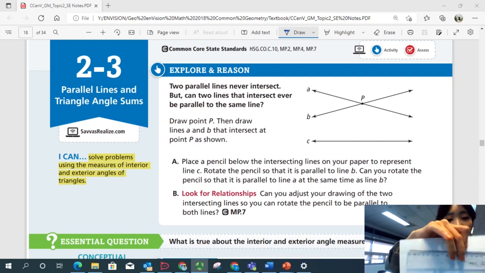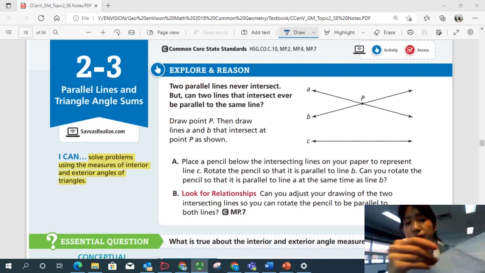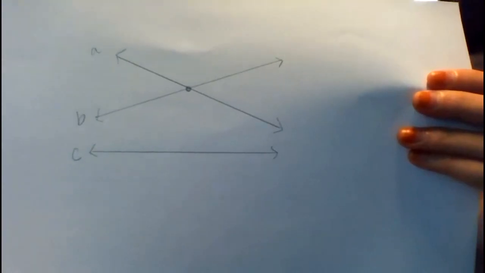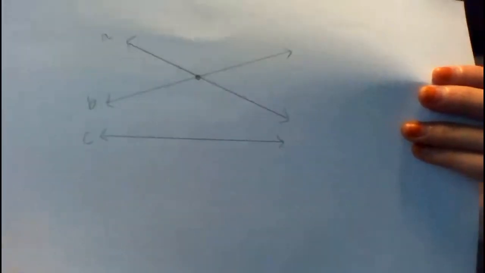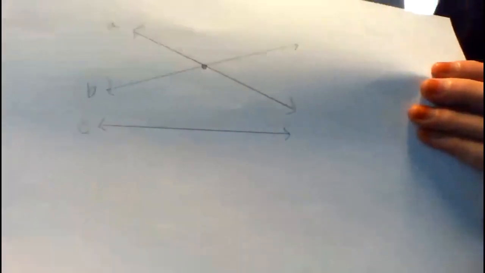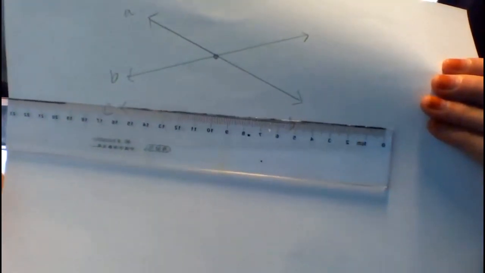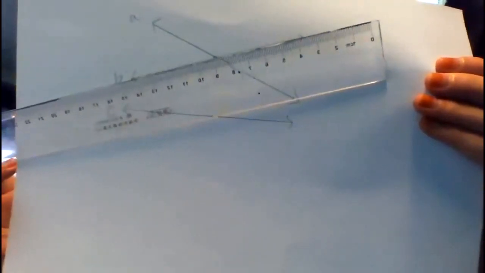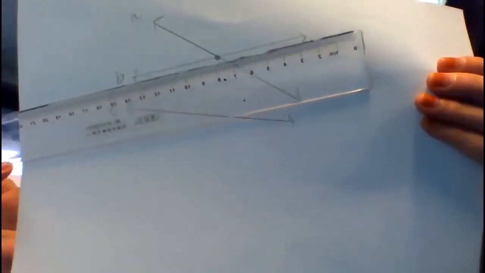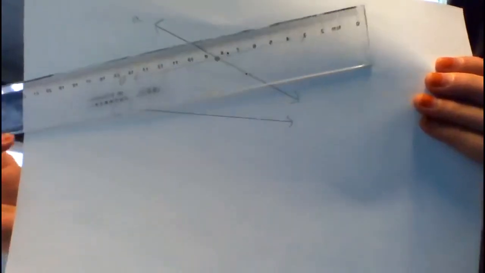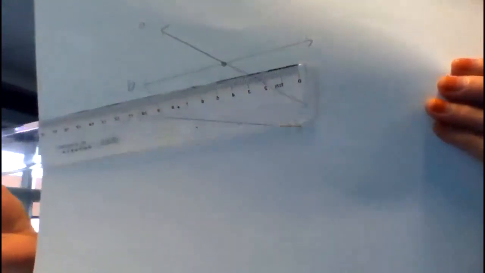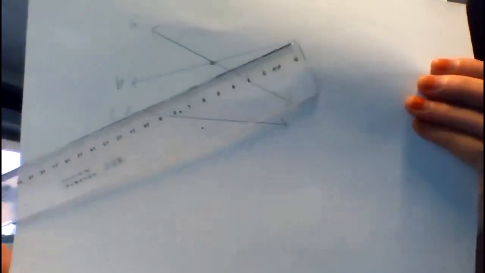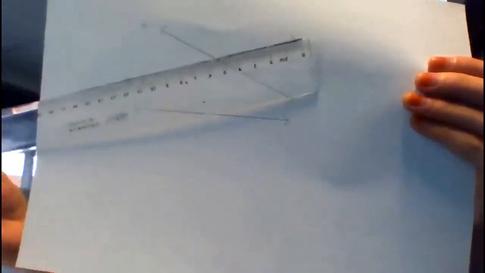Okay? So if you use your straight edge, you can make a straight line to represent C and make a parallel line that represents a parallel line to B. But would there be any parallel line that's parallel to B also parallel to A?